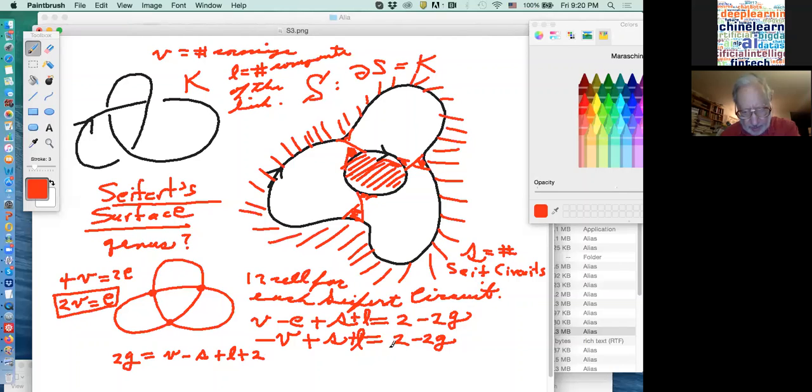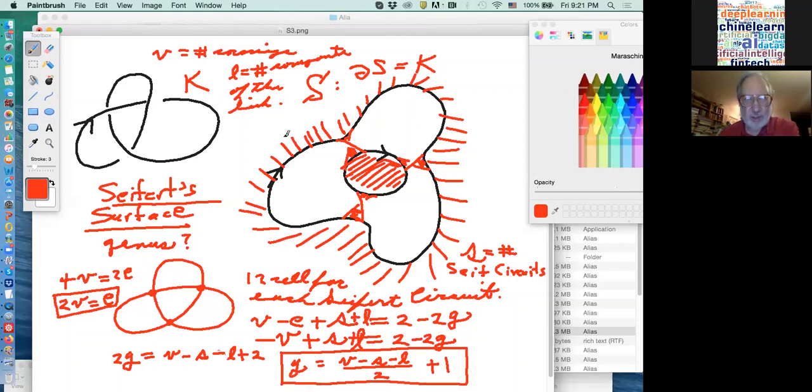V minus S plus L, no, minus L. Just doing the elementary algebra here. Minus L, right. V minus S plus L equals minus 2 plus 2G. So then the 2 comes over here, and we have that the genus is equal to V minus S minus L over 2 plus 1.